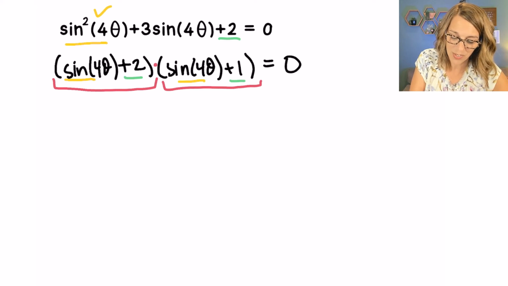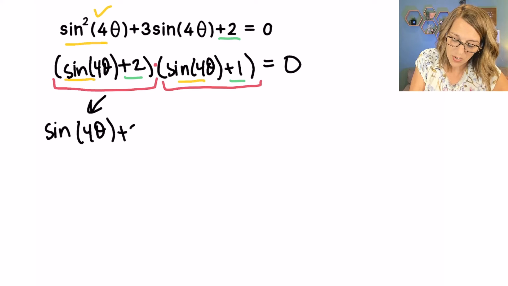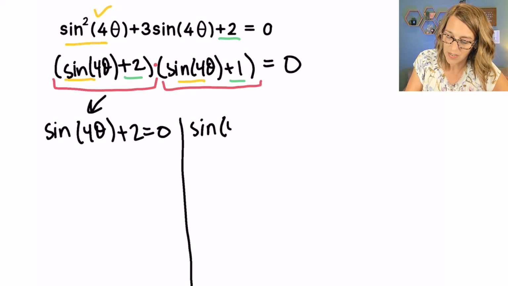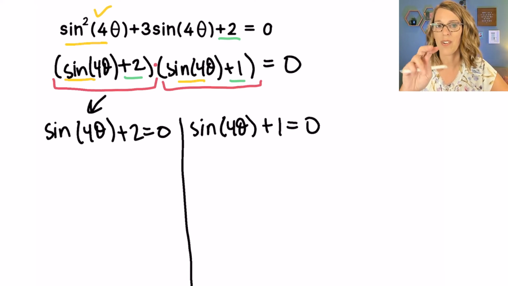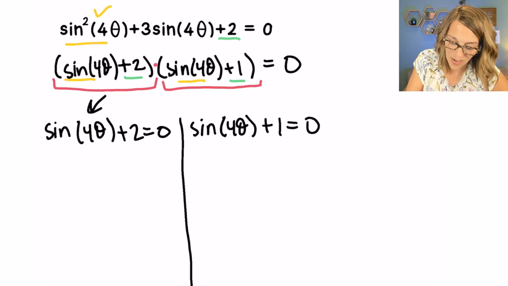Let's go ahead and set up those 2 cases. So I get that the sine of 4 theta plus 2 equals 0, or the sine of 4 theta plus 1 is equal to 0. 2 really nice little mini equations to solve here.